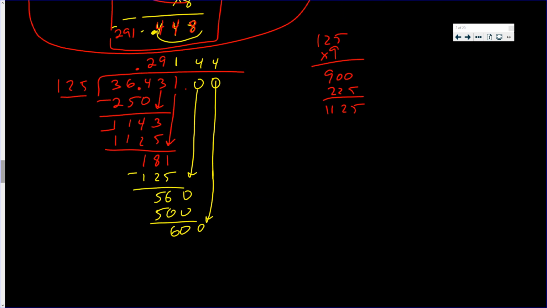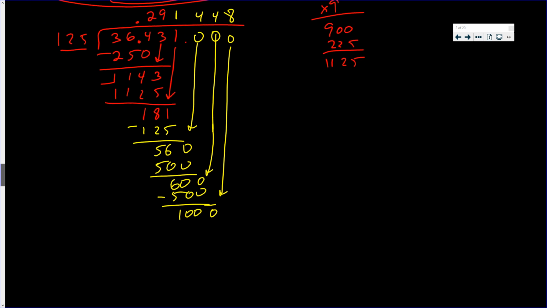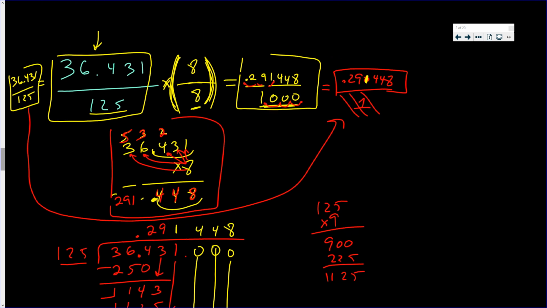That's another 500. Now we have 100 left over. Bring down a 0. And we should be experts on this. 125 goes into 1,000 8 times. And we get the answer. Fair enough. I didn't make a mistake here. But I did make a mistake here.